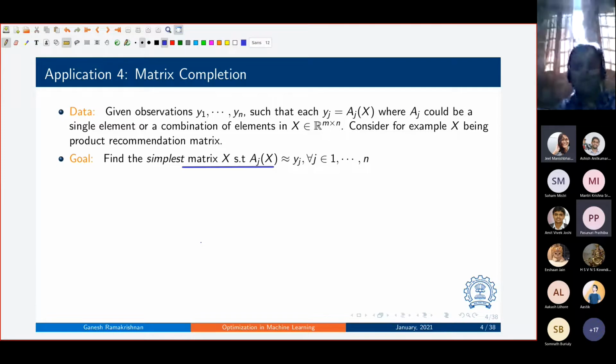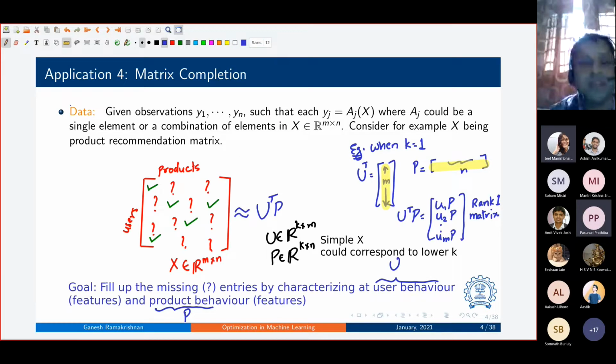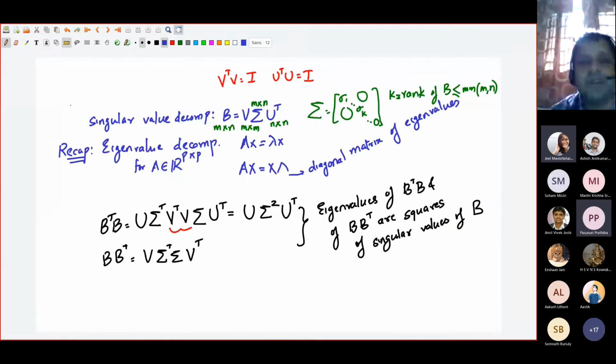One way is to look at something like singular value decomposition. Recap SVD: V sigma U transpose, where sigma would have as many non-zero sigmas as the rank of X, which should be less than or equal to the min of M and N.